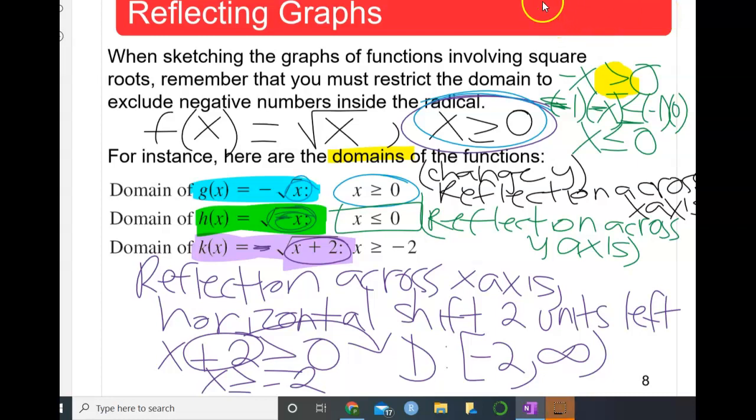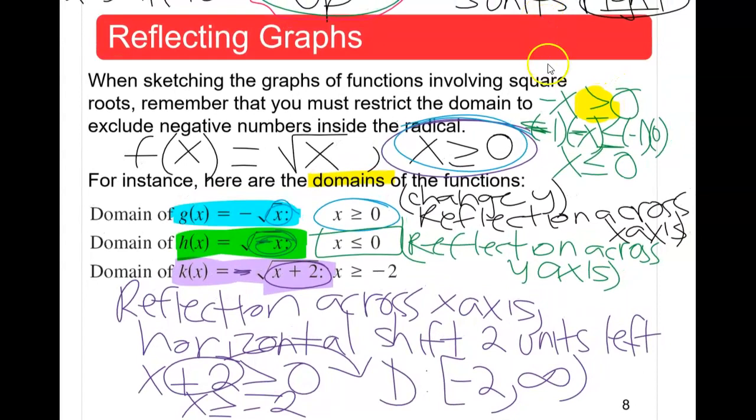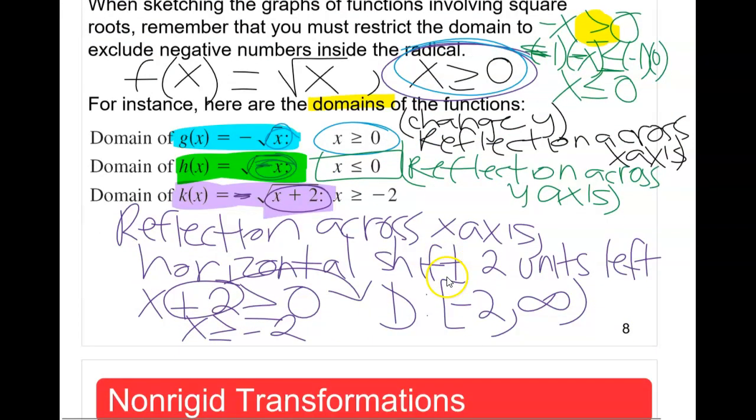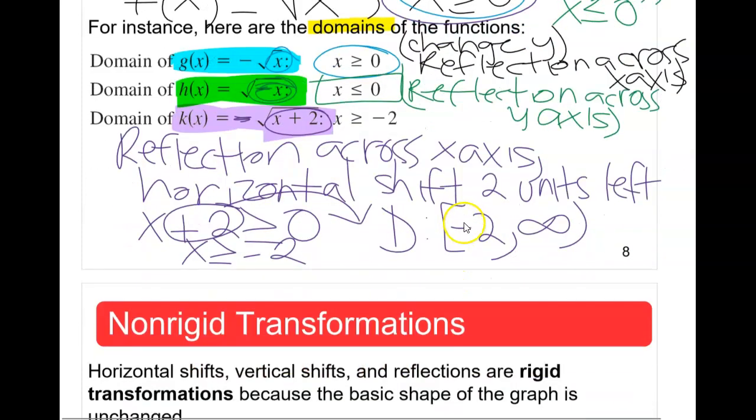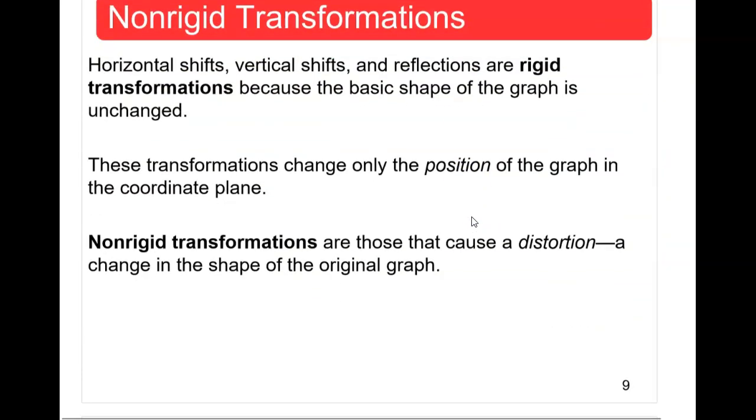Okay, so we are almost done with this section, and we could do more examples during our live session. So now we completed reflections and shiftings, and those are considered to be the rigid transformations because they do not change the basic shape of the graph.